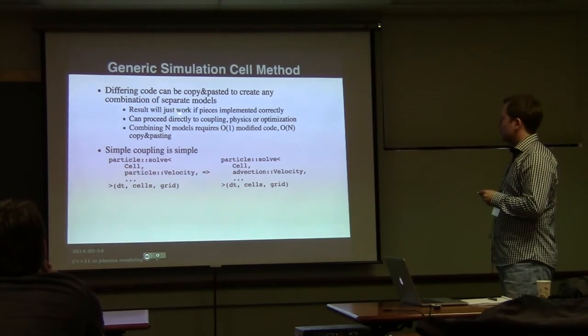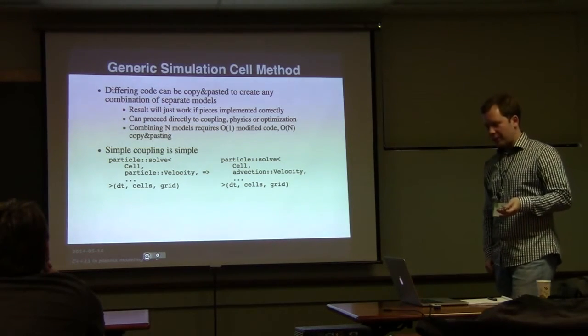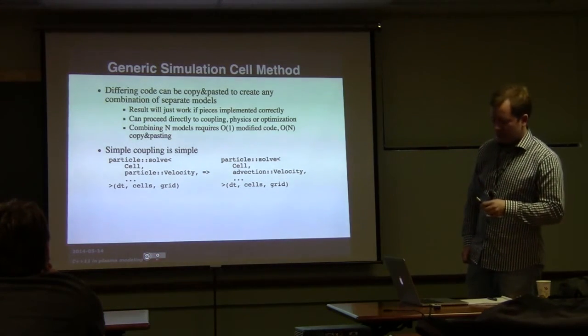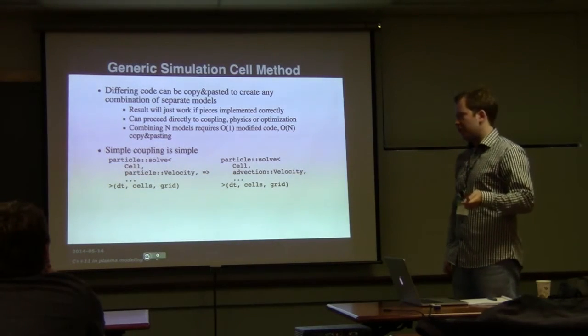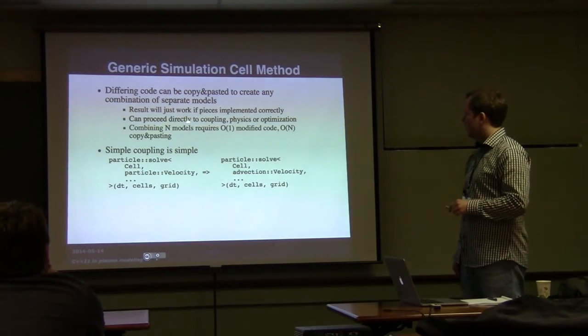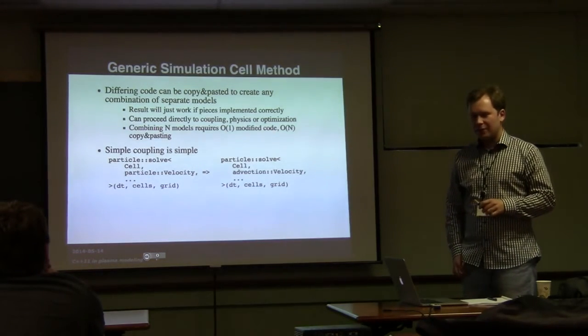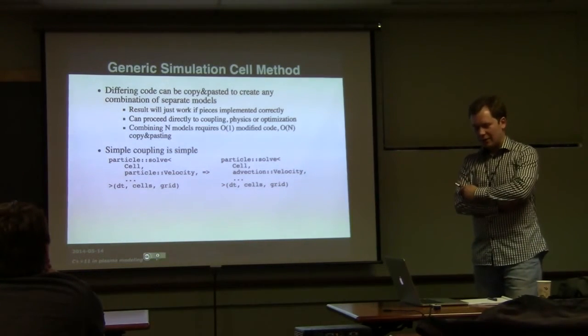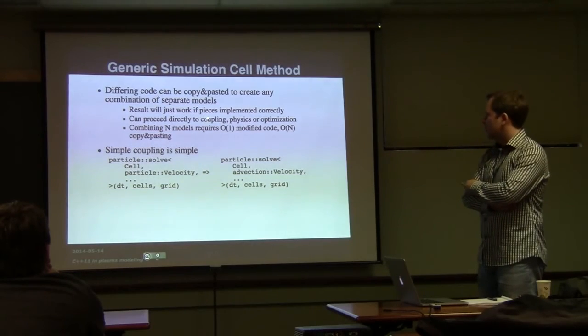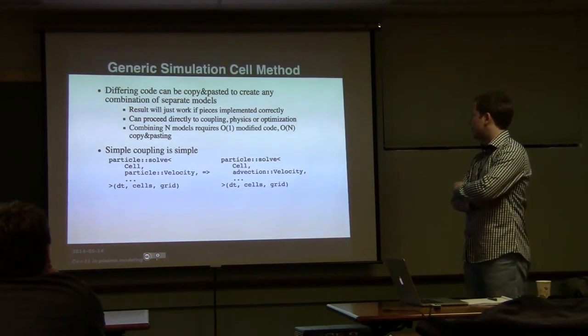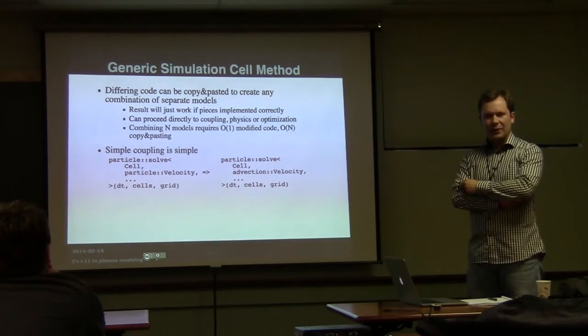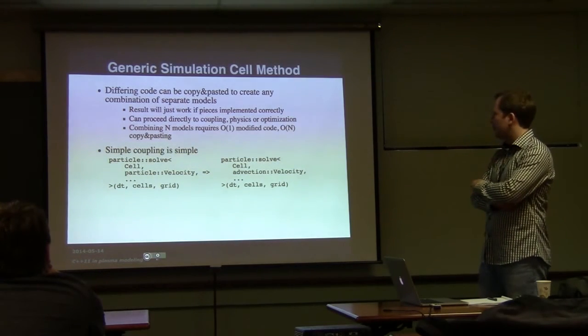And if they have been written properly, then you can just copy paste stuff and it will just work. So, no additional work needed. Then you can proceed directly to more productive things like coupling, or actually trying to understand the physics of the problem, or optimizing the code if it's too slow.